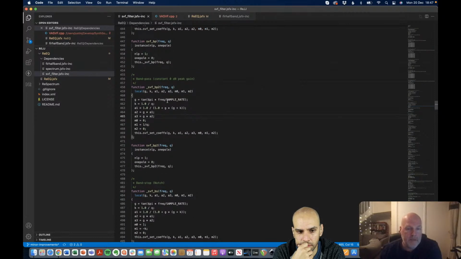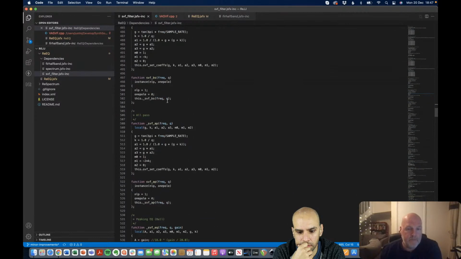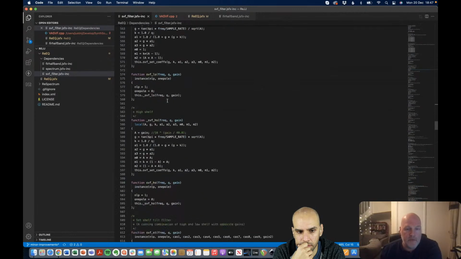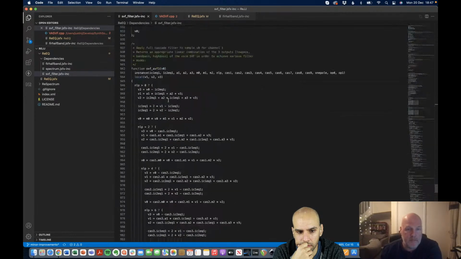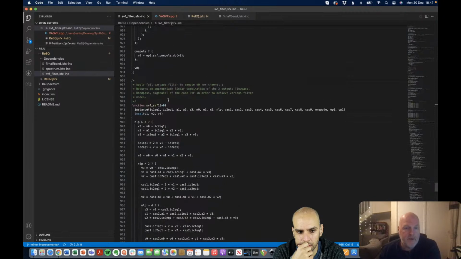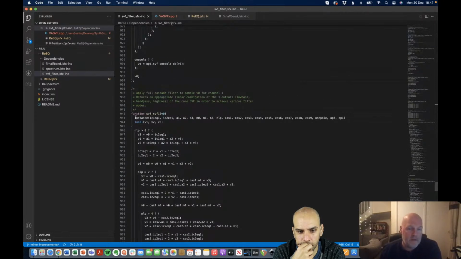Where I'm actually storing, in fact, we'll go right to the bottom where it's actually making use of these. So you can see for each of the filters, I'm using this sort of thing, which is the instance. So it's REAPER's kind of poor man's object system, which I know you've got certain opinions on.